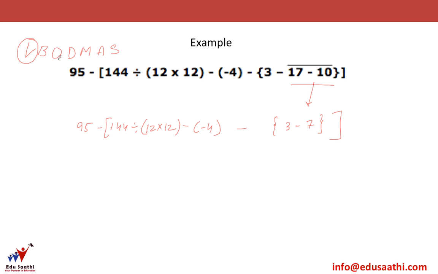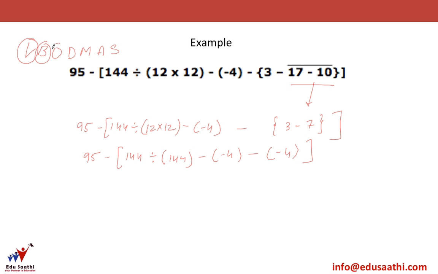So the next thing we solve are the brackets. So let's solve the brackets. 95 minus 144 divided by 12 into 12 is 144, minus of minus 4 minus again of minus 4. 3 minus 7 is minus 4.